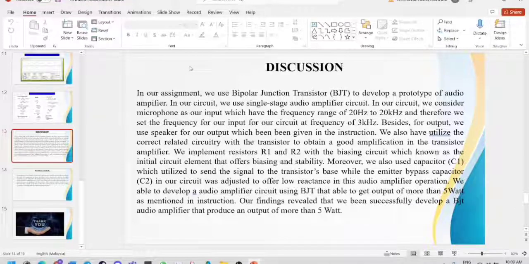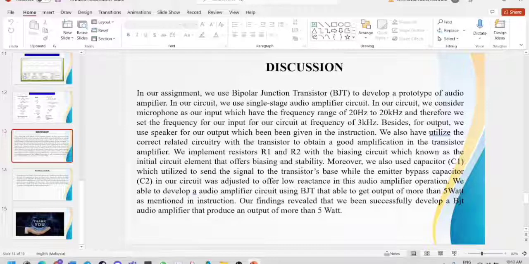Besides, in this circuit for the output, we use a speaker, which was given in the instruction. We also utilize the correct related circuitry within the transistor to obtain good amplification in the transistor amplifier for our circuit.